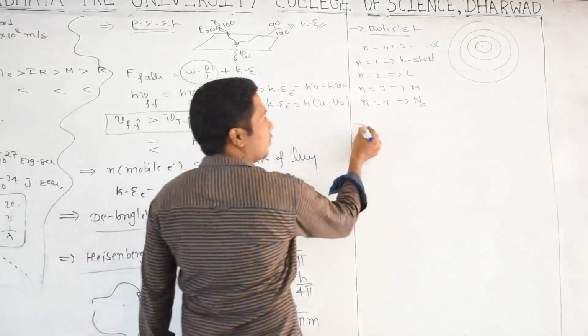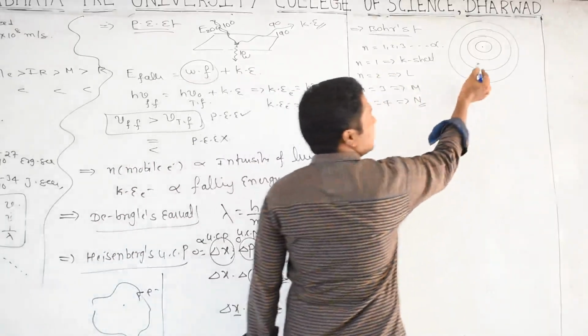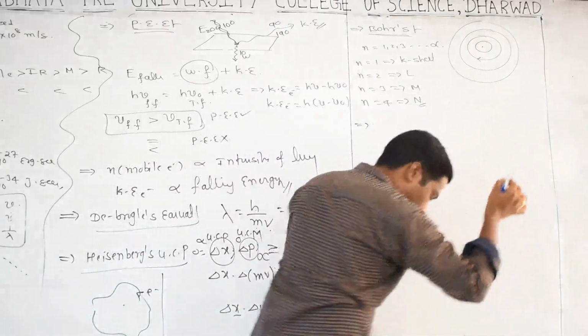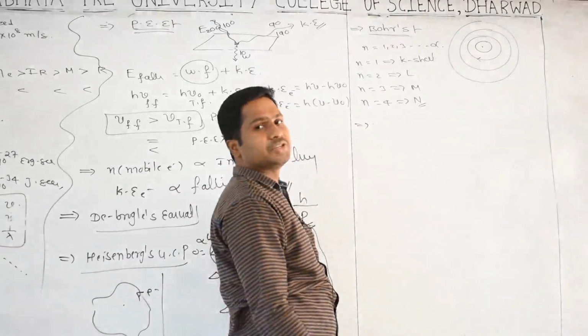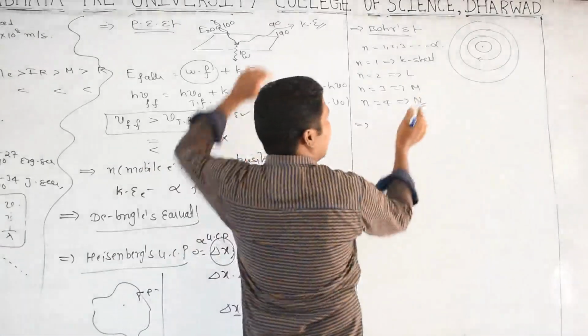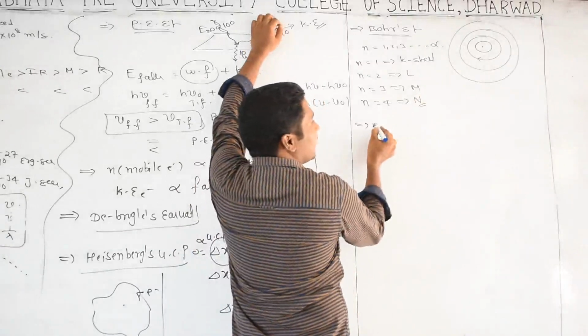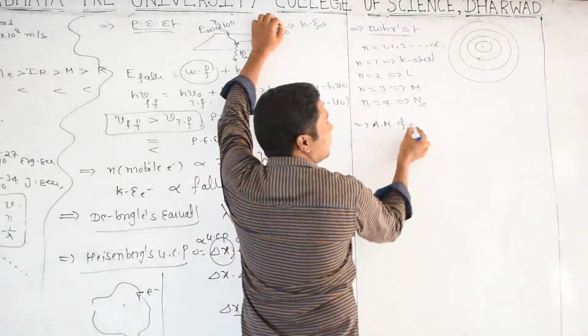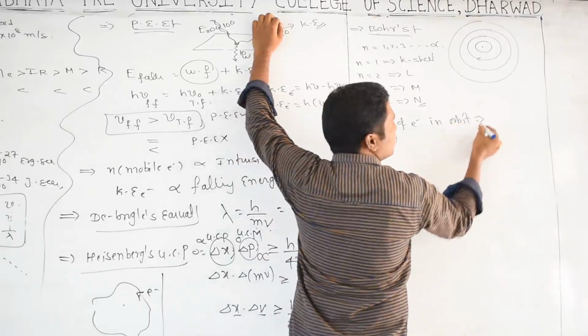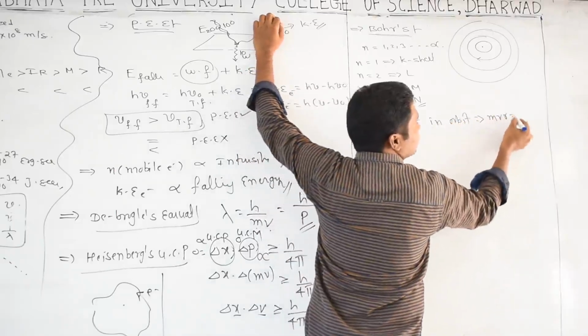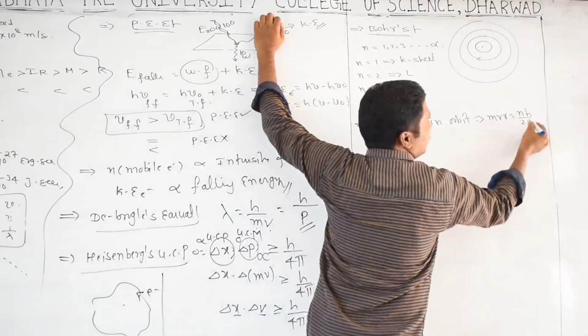Later, whenever an electron is revolving in a definite particular orbit, its energy will remain constant. That's why they are called stationary shells or orbits. And one more thing, the angular momentum of an electron in an orbit is mvr, and mvr is equal to nh by 2 pi.